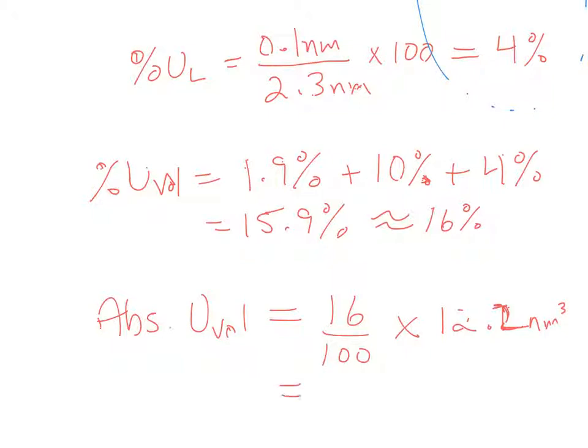And so my absolute uncertainty will be plus or minus 12.2 times 0.16. Just going to use my calculator, 12.2 times 0.16, and I get 1.95. So I'm going to get 2.0 nanometers cubed.